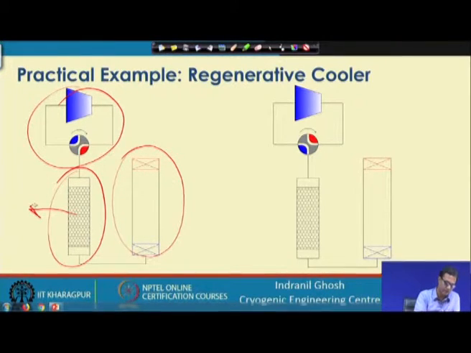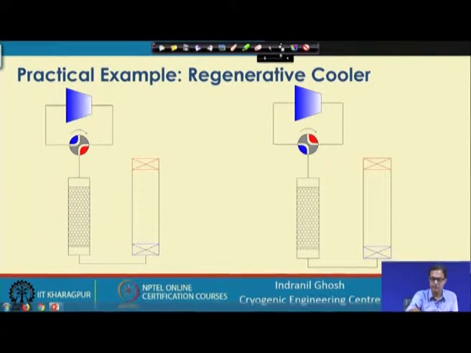This is the regenerator, and it is of fixed bed type. When the high pressure gas is coming from this end, the valve allows the gas to pass through the regenerator, and then it comes to the pulse tube.